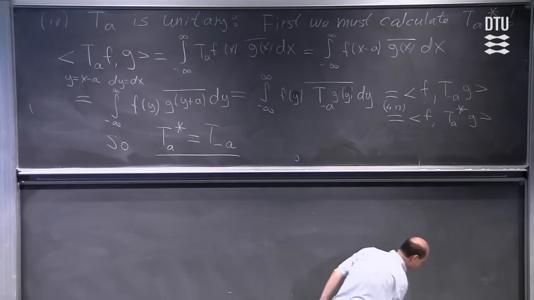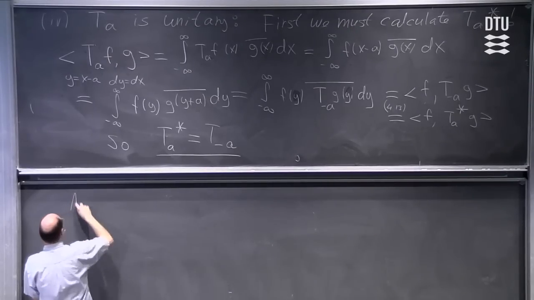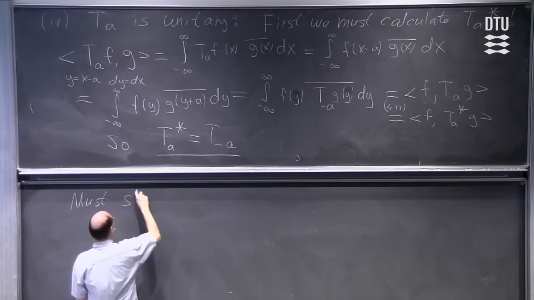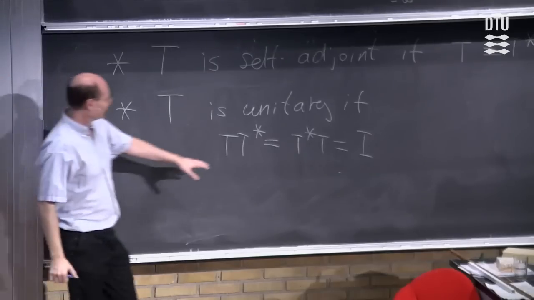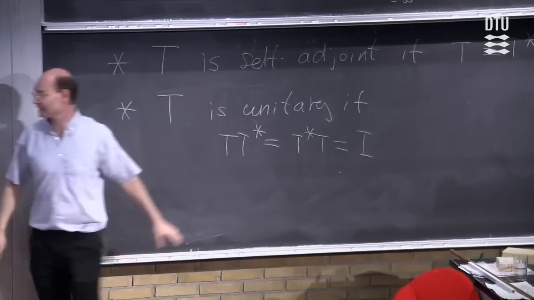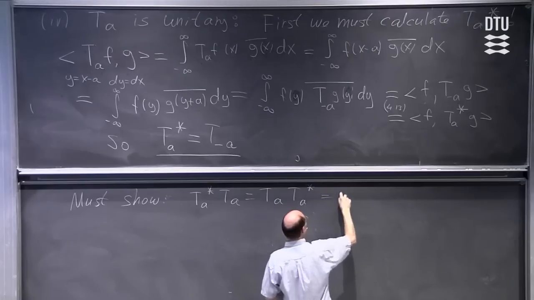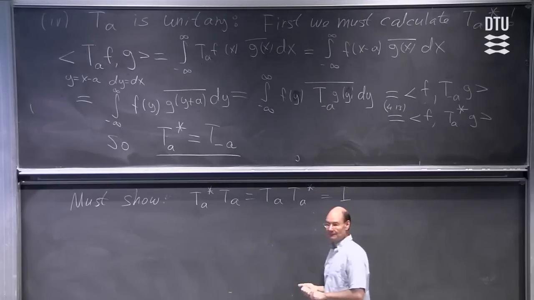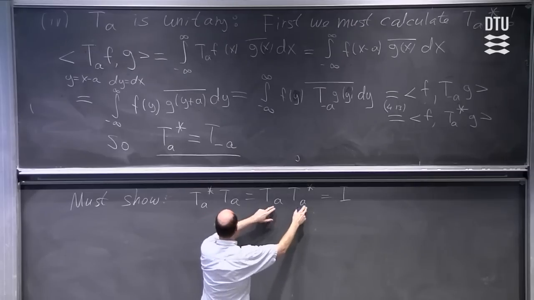If you look at the definition, we must show that the operator is unitary, so we have to show that this is satisfied. We must show that Ta star Ta is the same as Ta Ta star, and this is equal to the identity. So let me know how you do it. Let's start with, for example, this one.